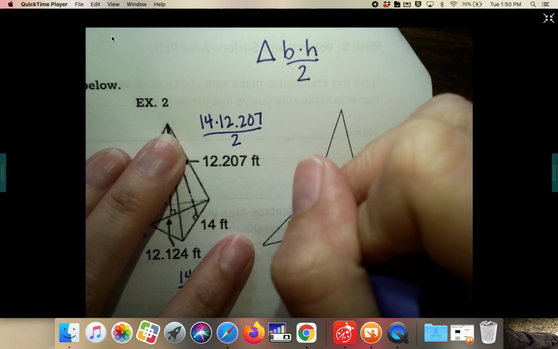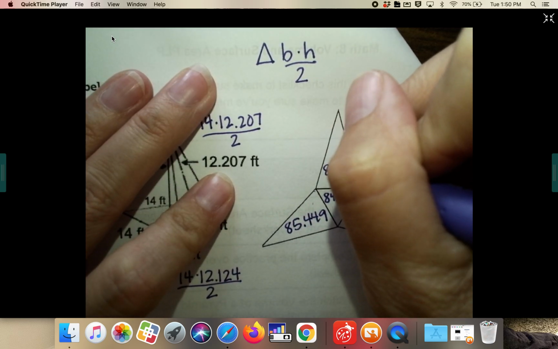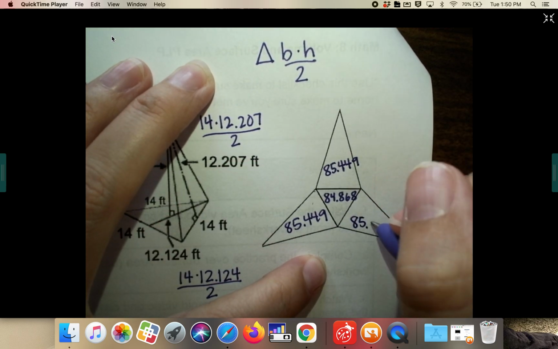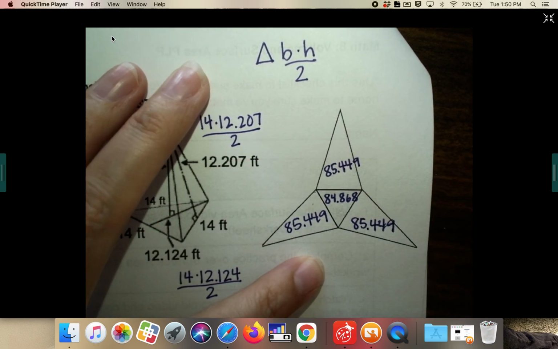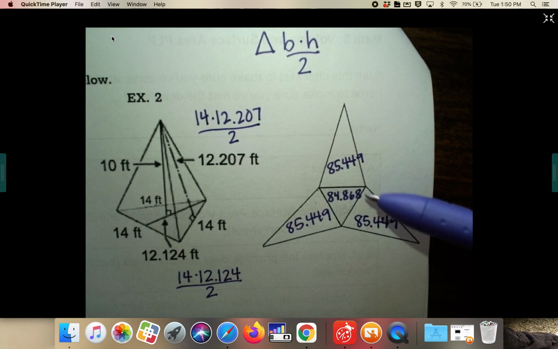So each of these side triangles is 85.449.